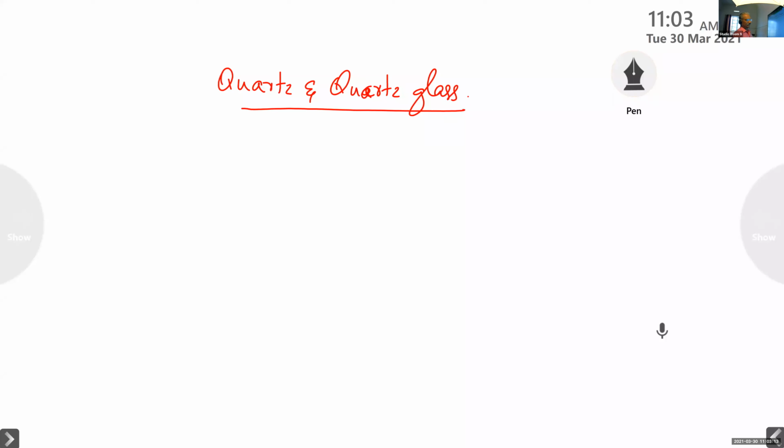Silicon dioxide. Now you fuse silica, silicon dioxide, sand, it is fused. You know, sand or silica is SiO2, silicon dioxide. When fused silica is suddenly cooled, it suddenly solidifies, and what we get is quartz glass.